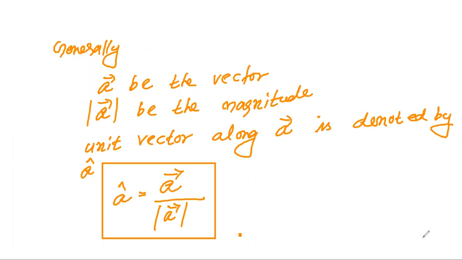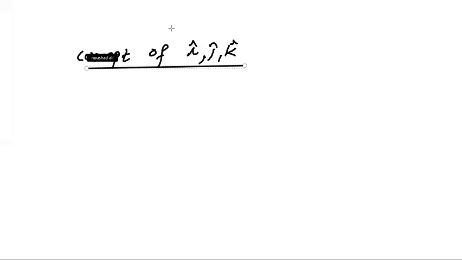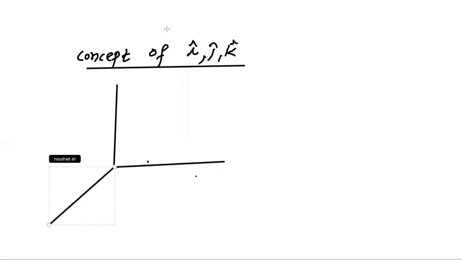Now we are discussing the concept of I cap, J cap, and K cap. Listen here. Let me draw the x-axis, y-axis, and z-axis. This is the x-axis, and this is the y-axis. This is the z-axis. I hope it's clear for you.